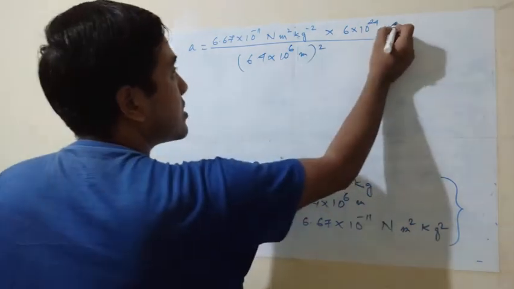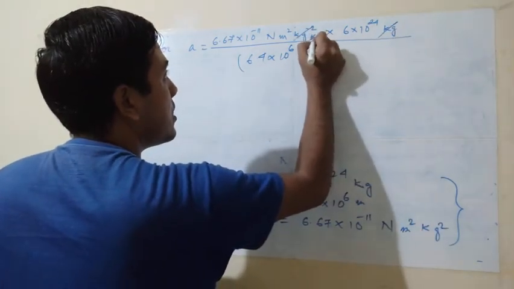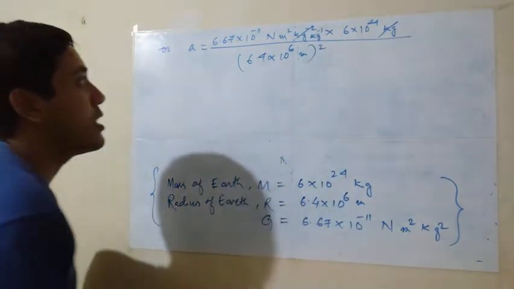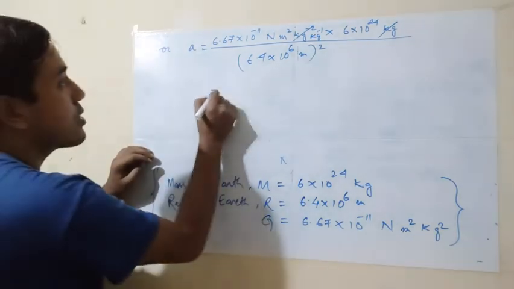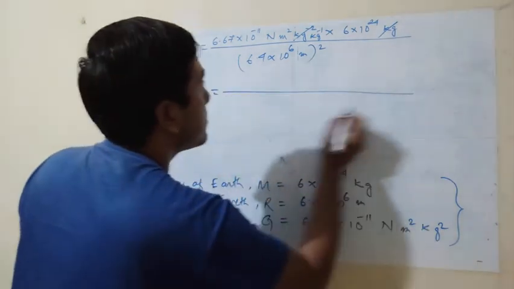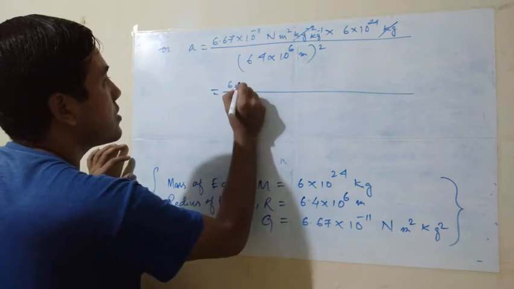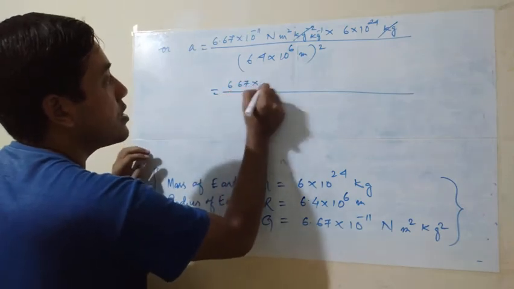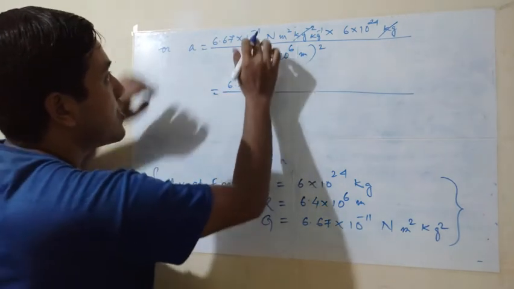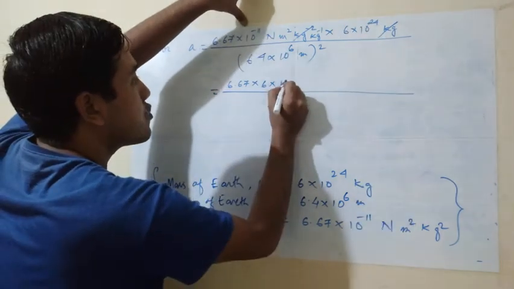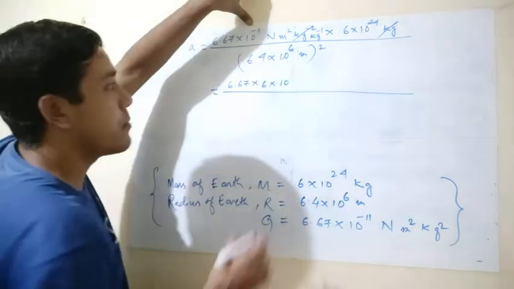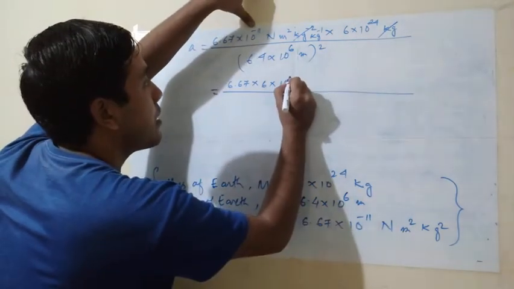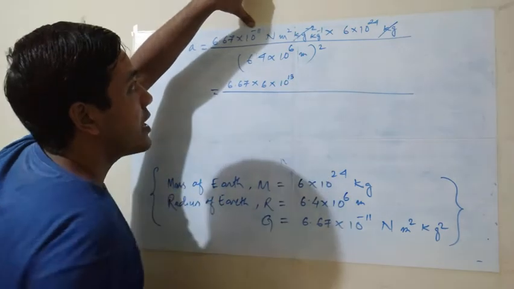First I will cancel, only kg minus 1 is left. Now look here: 6.67 into 6 into, 10 to the power 24 minus 11, how many do we get? 10 to the power 13.